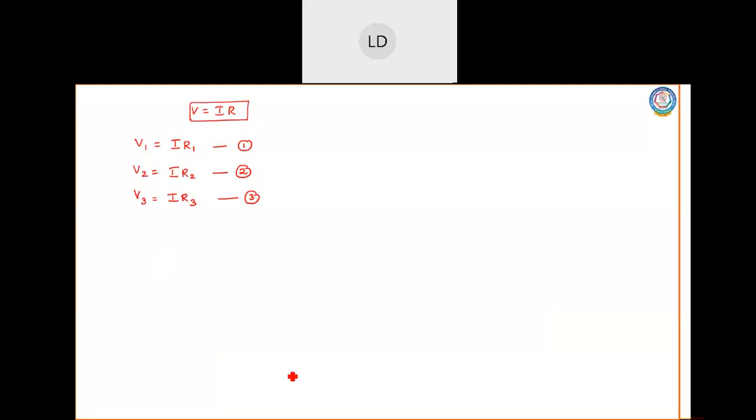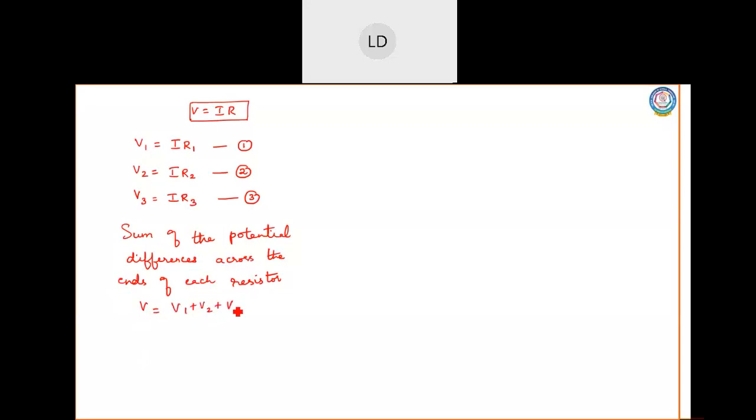Is it clear? Right. Now, what will be the sum of the potential differences across the ends of each resistor? I can write V as V1 plus V2 plus V3.